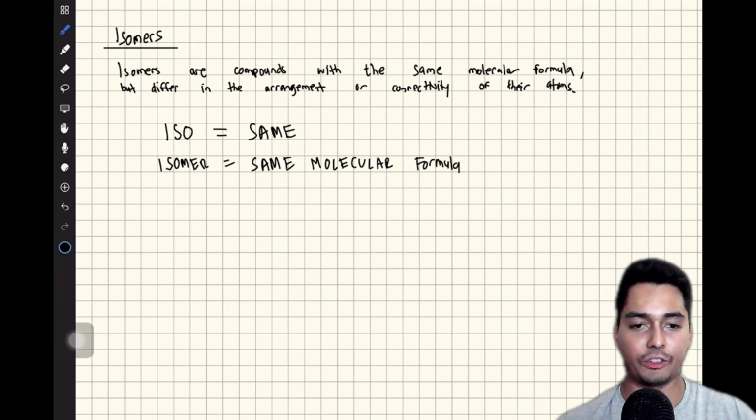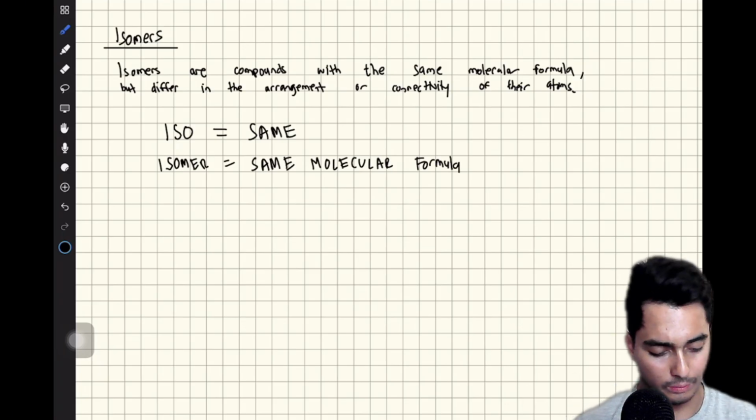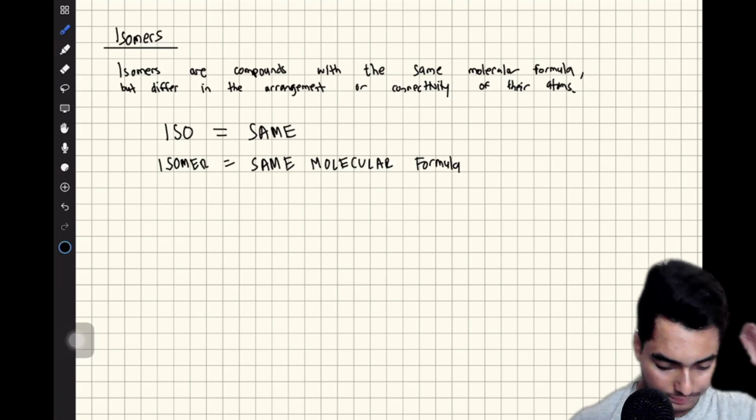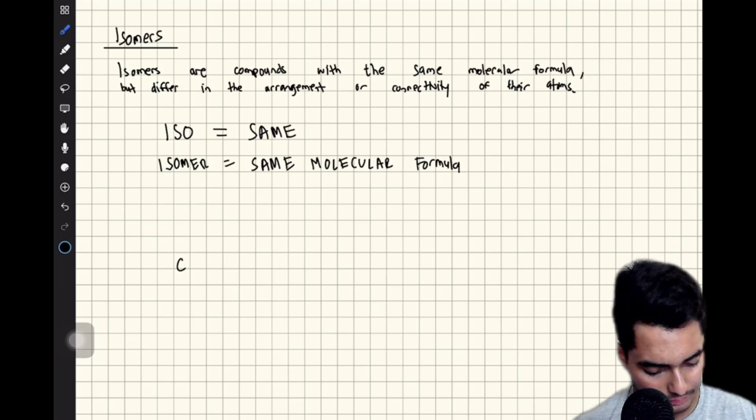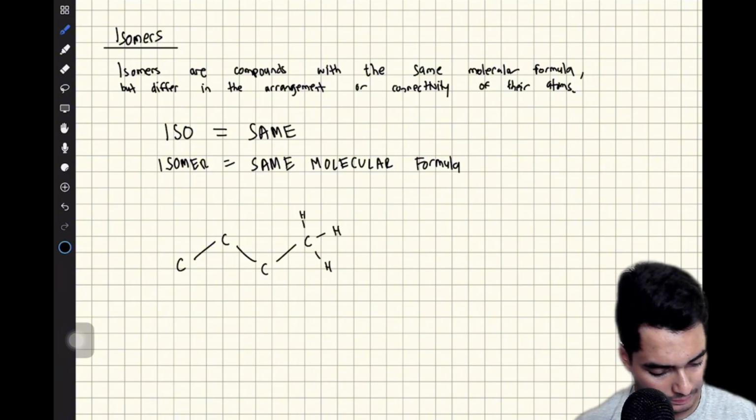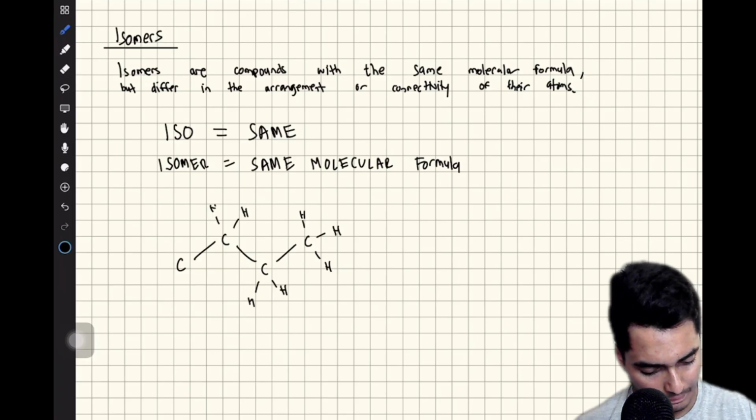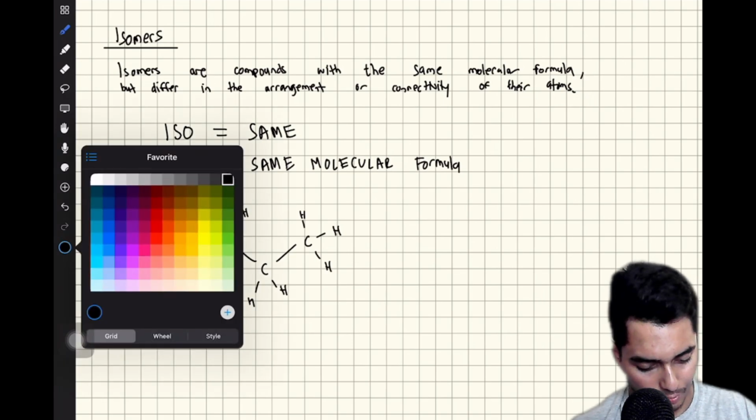Okay, so we're just going to start off with a couple examples. There's going to be butane, n-butane.